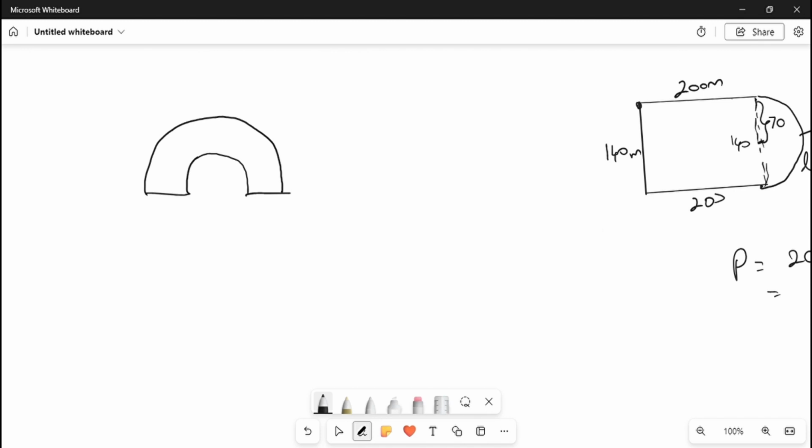Say this small semicircle radius is 7 centimeter and this one is 14 centimeter. So the big circle, there are two semicircles, right? L1, this is L2. So L1 is pi r. Pi is 22 over 7 into 14.